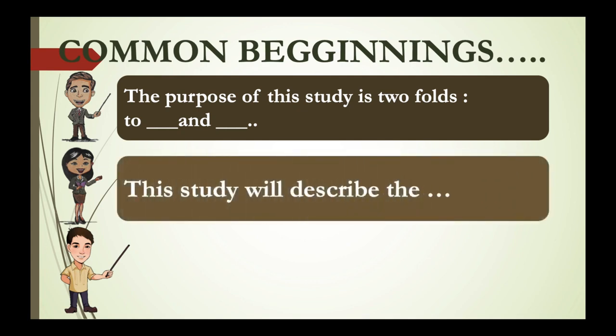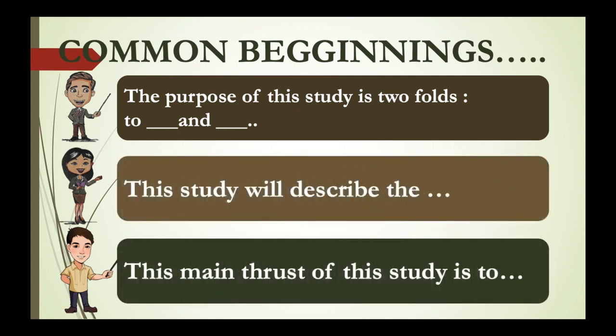This study will describe. Again, the main thrust of this study is to. So these are just some of the common beginnings used by researchers when they develop their purpose statement. Again, a purpose statement is not a research question.